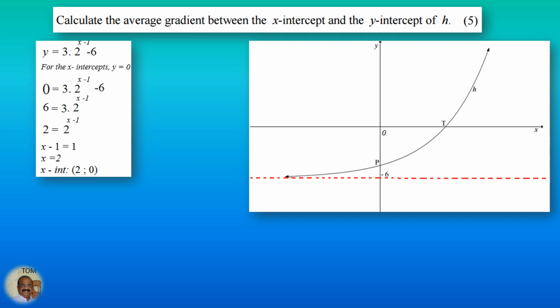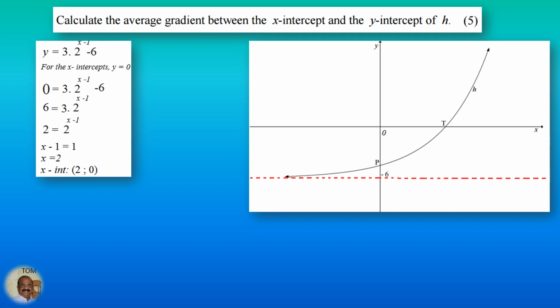Then we get 0 equal to 3 times 2 to the power x minus 1, minus 6. We take minus 6 to the left side, we get 6 equal to 3 times 2 to the power x minus 1. We divide by 3, we get 2 equal to 2 to the power x minus 1.